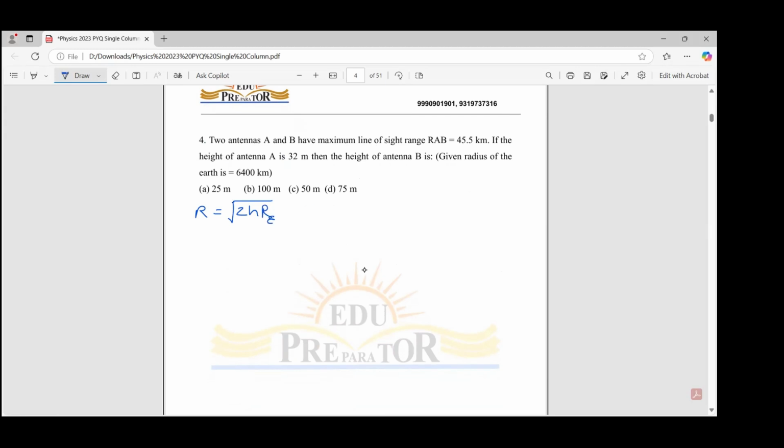Okay, so we have two antennas A and B, which have the LOS, right? Now this line of sight is also, you will find in the books, LOS. So LOS is 45.5. So remember, the two ranges will be added, RA plus RB. Now this is given to us as 45.5 kilometer.